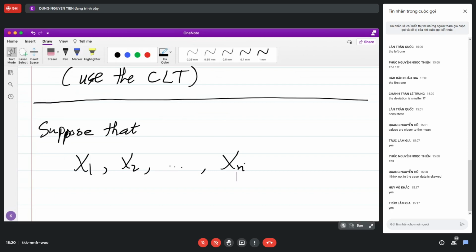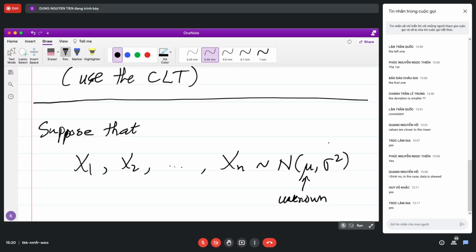Then n is 5 in that case. Suppose that there are n observations here, and we also suppose that they follow the same normal distribution with the same mean and the same variance.